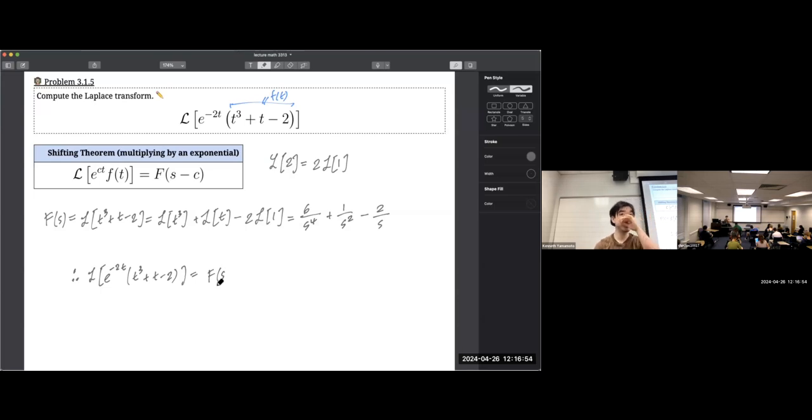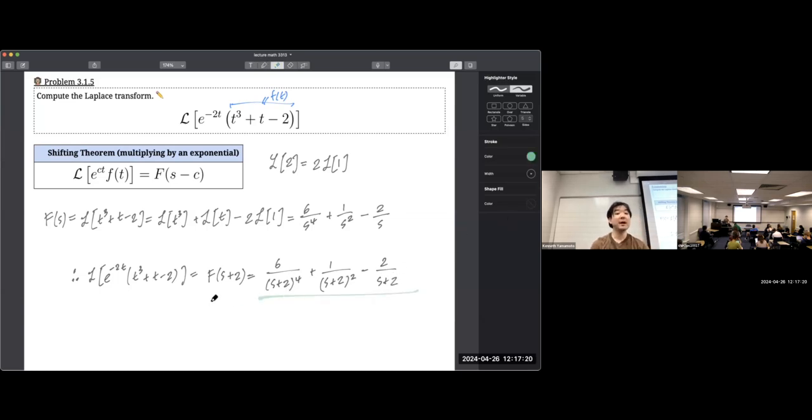I want to make sure about the sign. What is c? So then it's going to be minus of a negative 2. So this should be a plus 2. So it's going to be 6 over (s plus 2) to the 4th plus 1 over (s plus 2) squared minus 2 over (s plus 2). It's the Laplace transform of this.